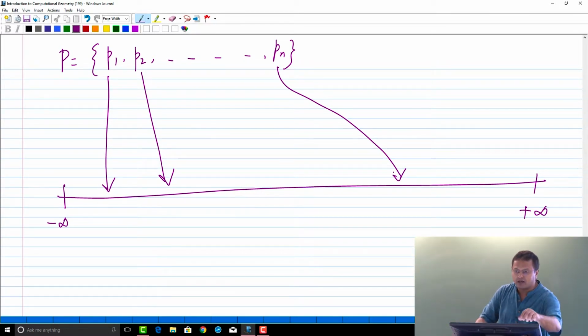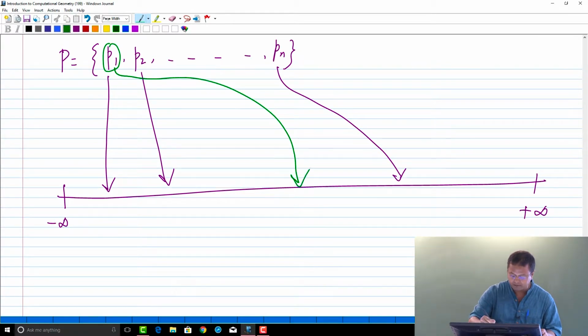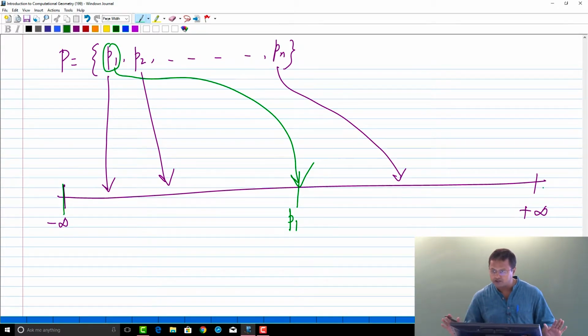Now I take P 1. P 1 will belong somewhere. Say P 1 belongs somewhere here. Now what I have done is I have broken up this interval into minus infinity to P 1 and P 1 to plus infinity. So now these pointers have to go to their correct interval.